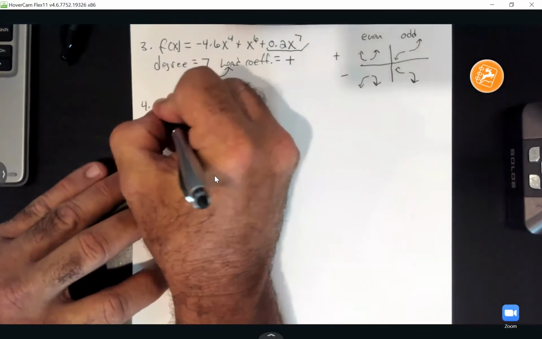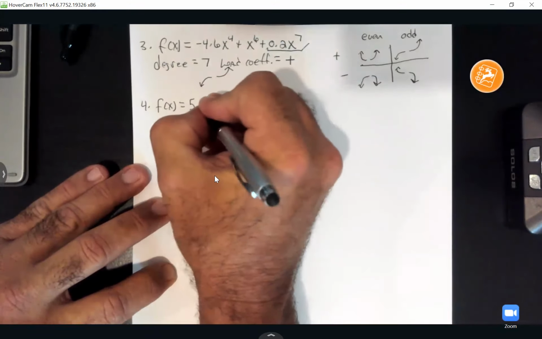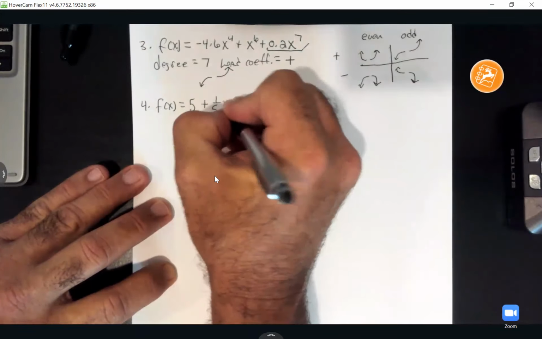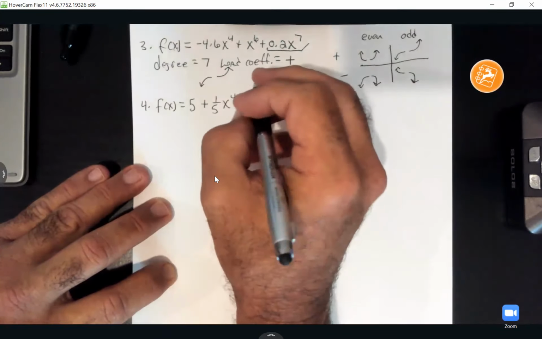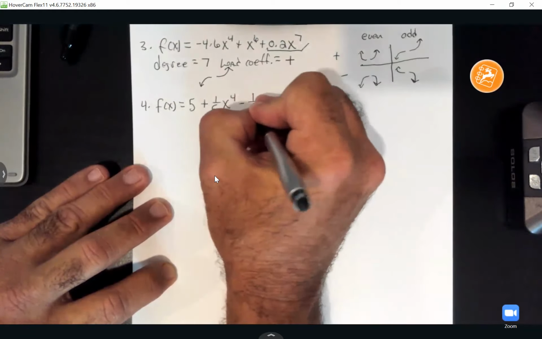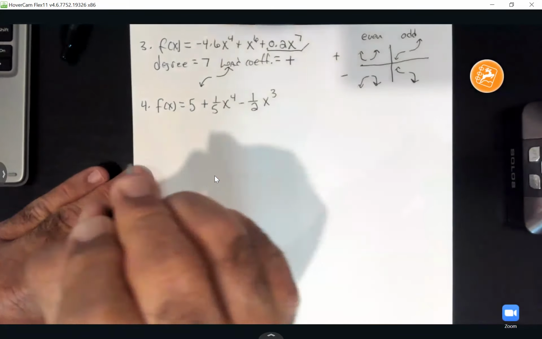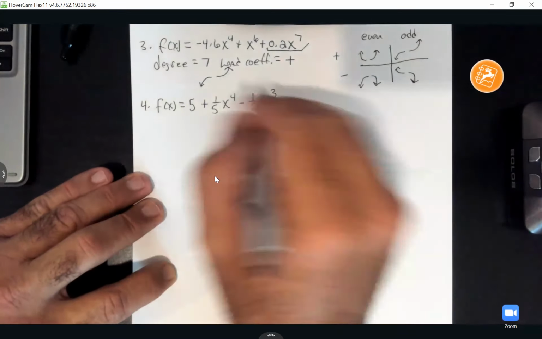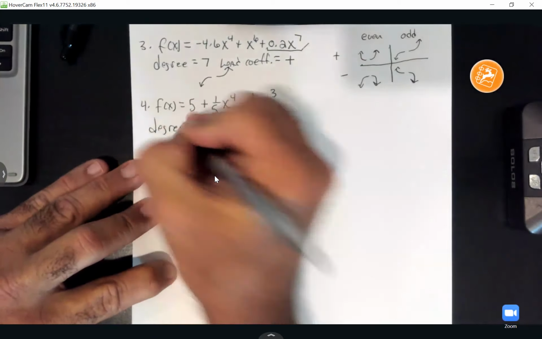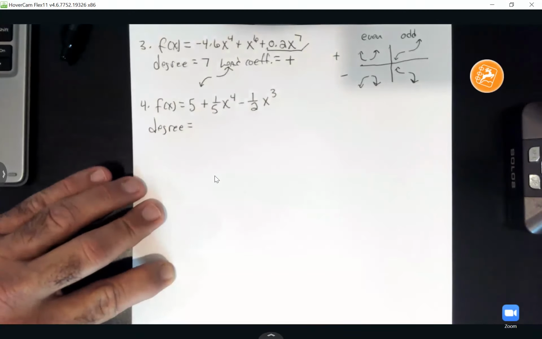So one more of those, let's try f of x equals 5 plus 1/5 x to the 4th minus 1/2 x to the 3rd. All right, so another one that looks like it's sort of out of order here. But I need the degree of this function.